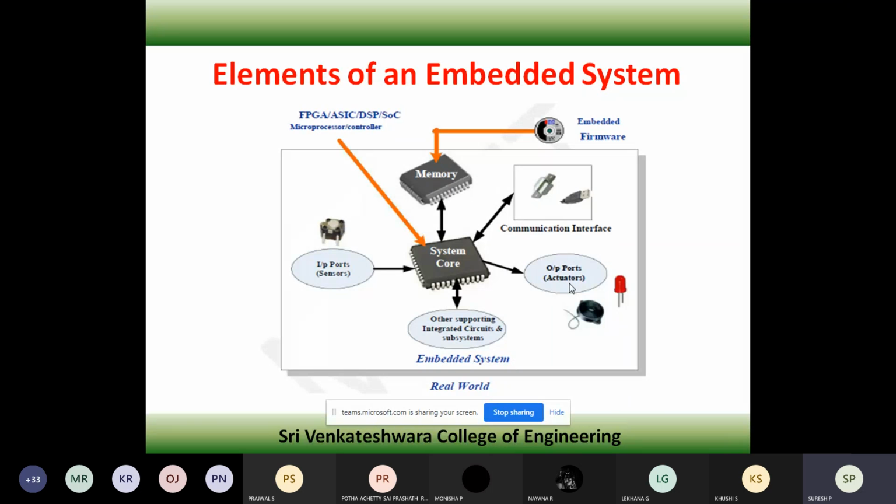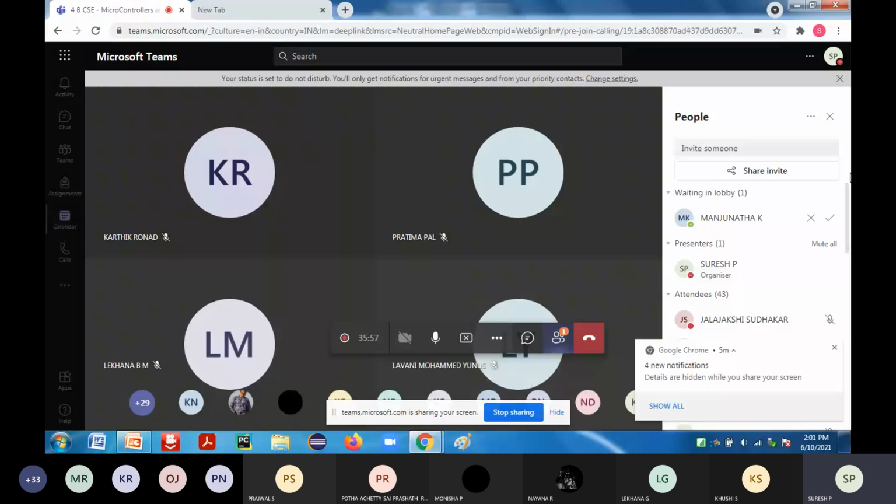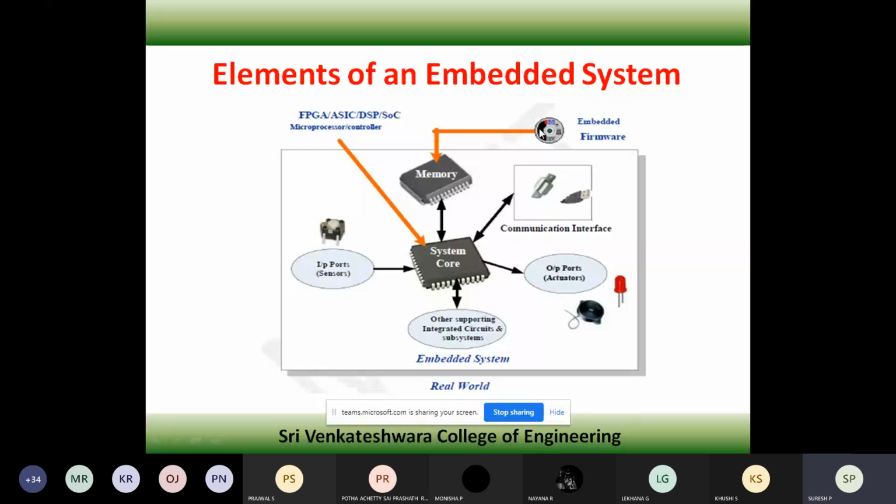Next, when it comes to the memory, you are going to have the embedded firmware here. That is a particular memory.